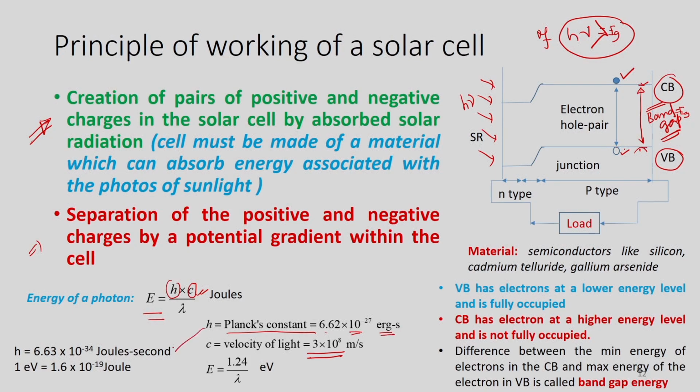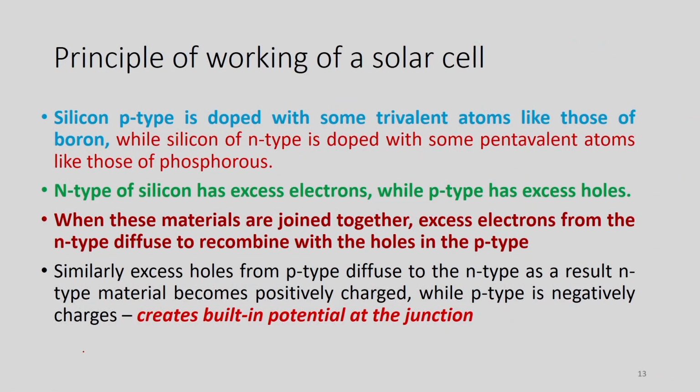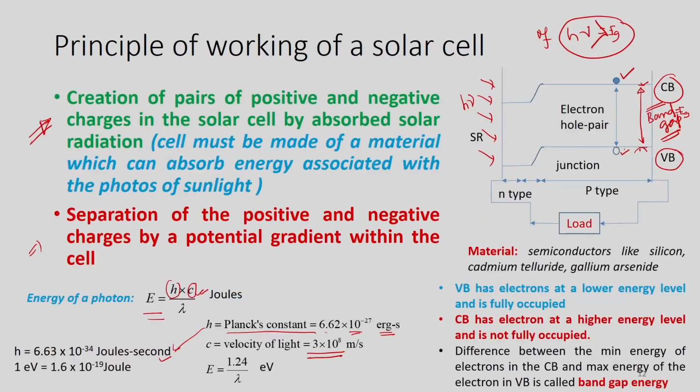We can also represent it in joules: 6.63 into 10 to the power of minus 34 joule second. Also, one eV is equal to 1.6 into 10 to the power of minus 19 joules. So, on substitution of these values, what we will get? E will be 1.24 by lambda, and it will be in electron volt.